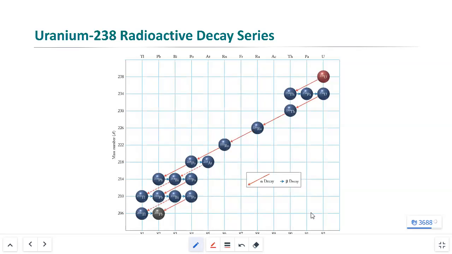And so here is one such series for the isotope uranium-238. So uranium-238 is an unstable isotope of uranium.